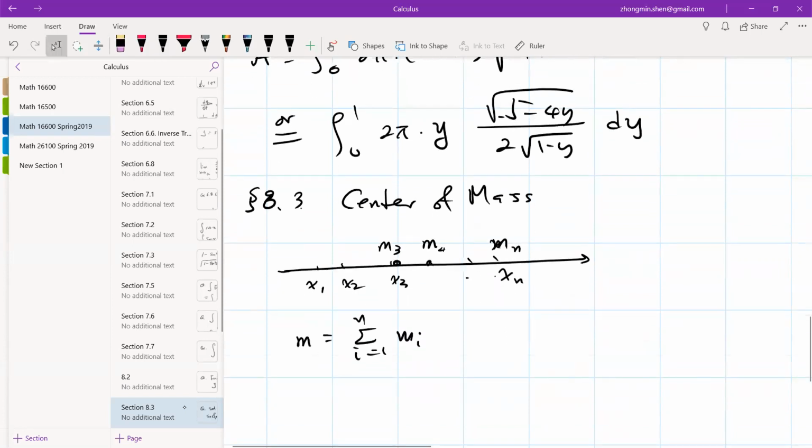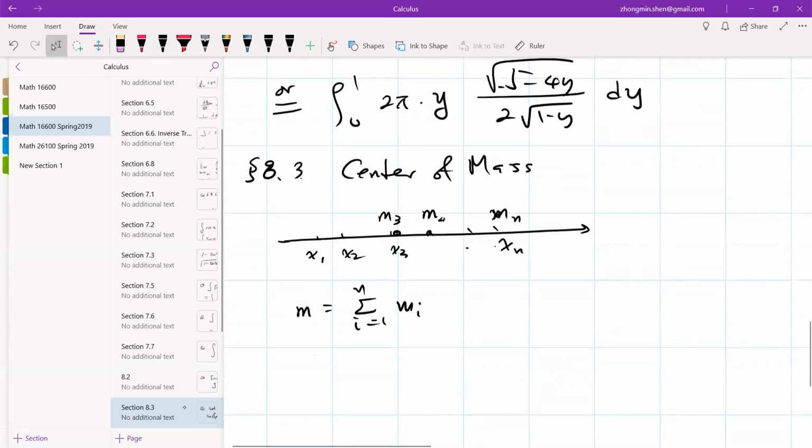Then I just look at the one-dimensional case. The center of mass is going to be the coordinate we figured out. It depends on how heavy that point is, and that's a total.